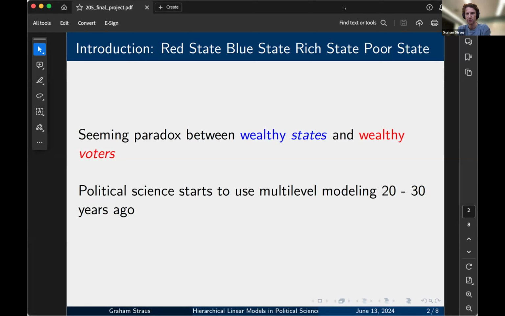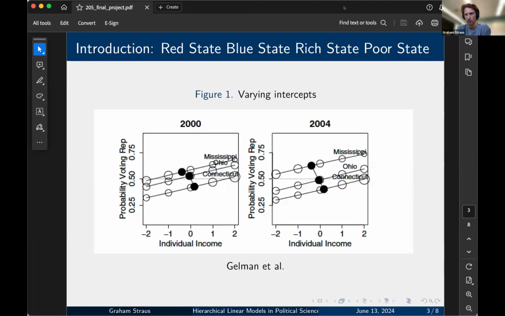Gelman sees a lot of journalists saying things that he thinks are nonsensical claims. And so the breakthrough of this piece is that you need to have varying intercepts, essentially. Instead of doing a classical regression where you just look at the individual level data, we'll get into that in a second, or just look at the state level data, because those will contradict each other.